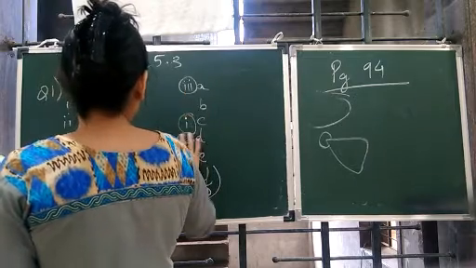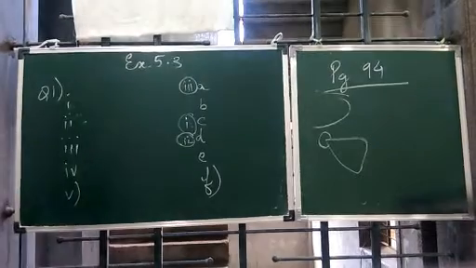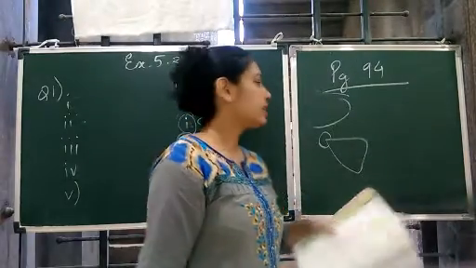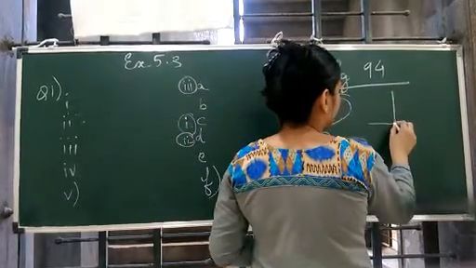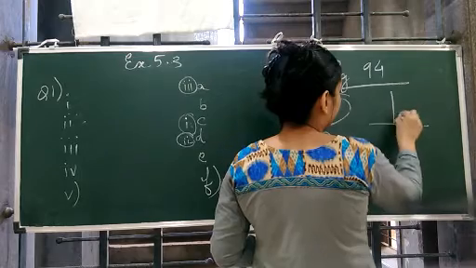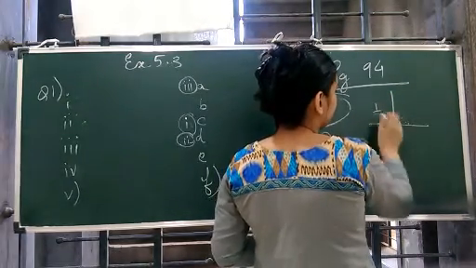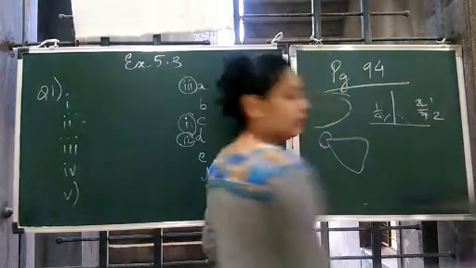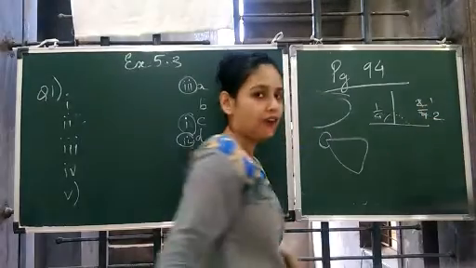Then obtuse angle. Obtuse angle will be more than 90 but less than 180. Somewhere here. Yes. So this is 1/4. This is 1/4. And this is what? 2/4. That means 1/2. So it is more than 1/4 but less than half of revolution.